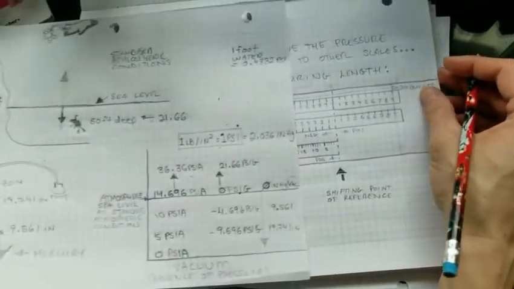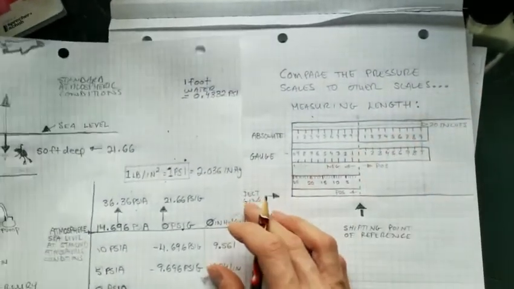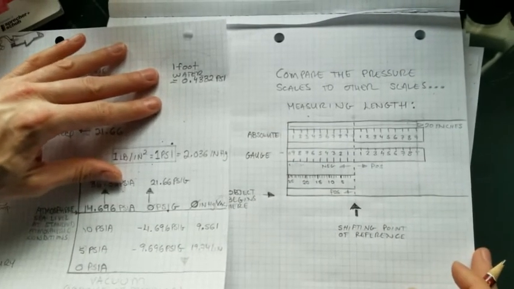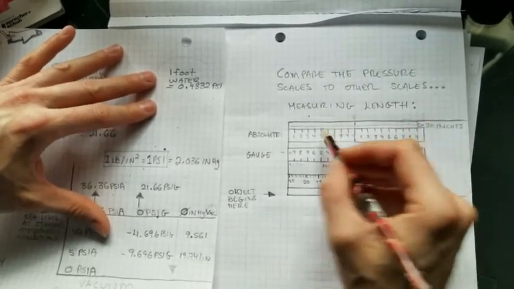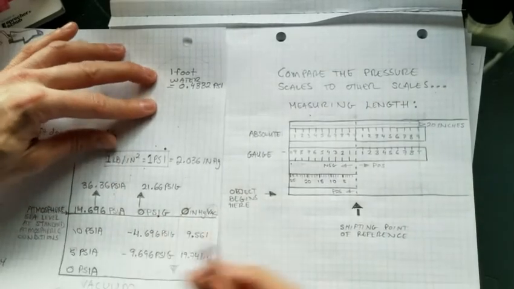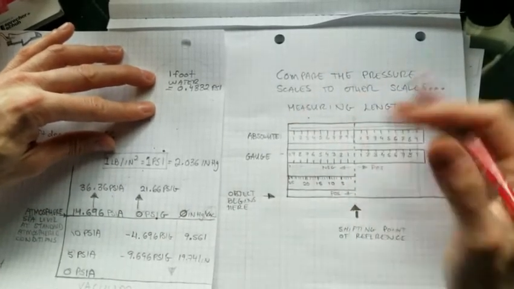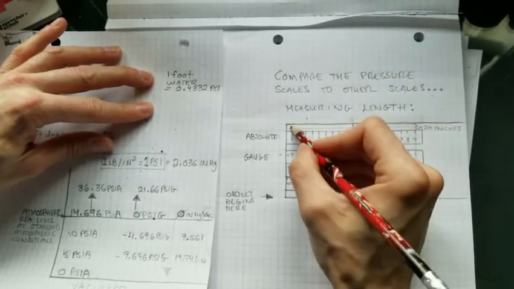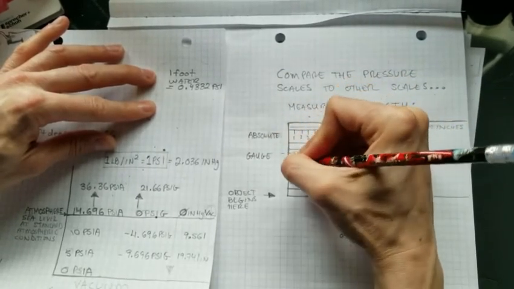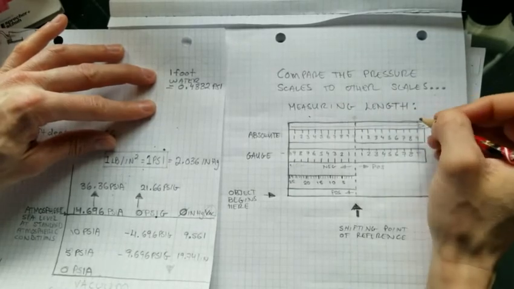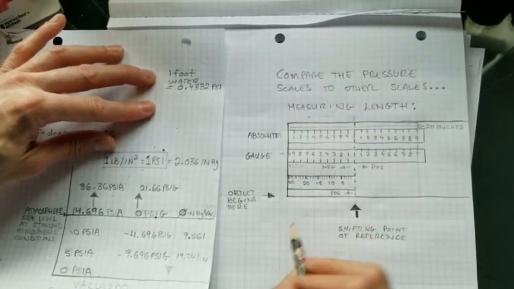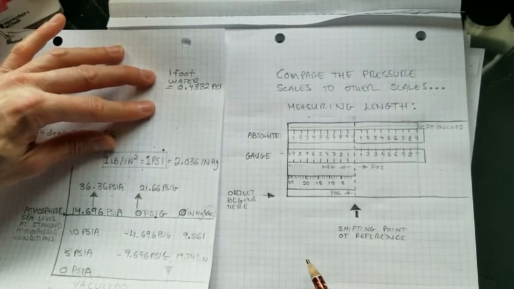So another way to look at pressure scales is comparing it to another known scale. We're all familiar with measuring length. When you're measuring the length of something, anything, we can create this arbitrary sort of object that we're measuring and use familiar units. So we can say that the object actually begins here, doesn't extend any further.